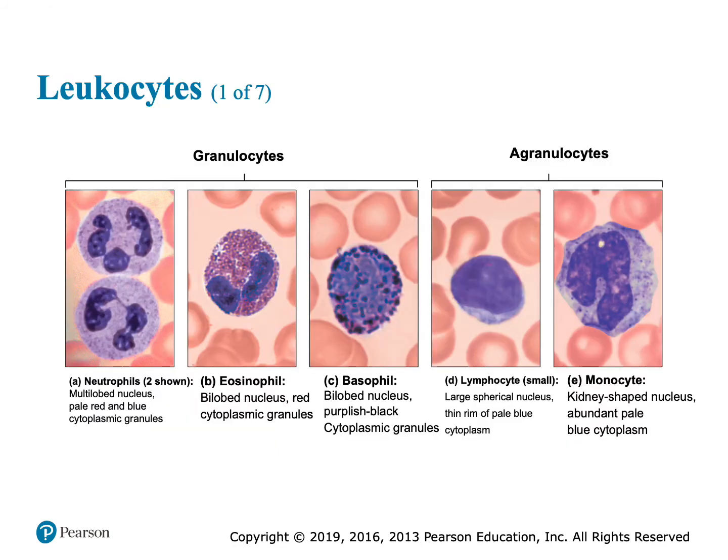This is a beautiful picture of neutrophils, eosinophils, basophils, lymphocytes, and a monocyte. You can see on the left, those neutrophils do have a little bit of a stain. They're kind of pink, but look at the difference between the neutrophil's nucleus, it's multi-segmented, versus the eosinophil.